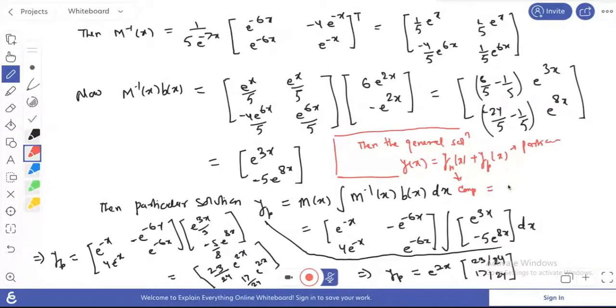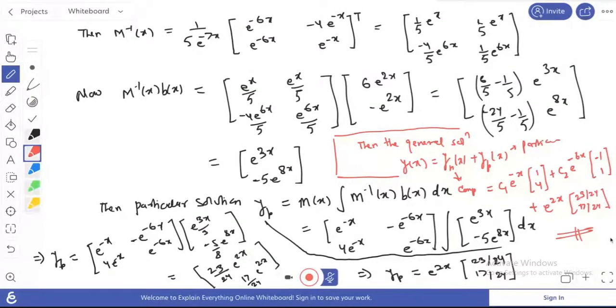You know it is C1 e to the power lambda 1 x, and the eigenvector is 1, 4. Plus C2 e to the power, the second eigenvalue being 6x, and the eigenvector is minus 1, 1. This is your complementary solution. And plus, what is the particular solution? The particular solution is e to the power 2x times 23/24, 17/24. So this is your final solution.